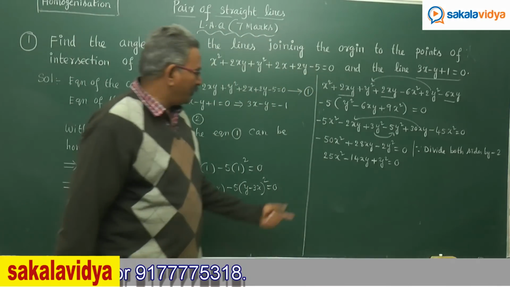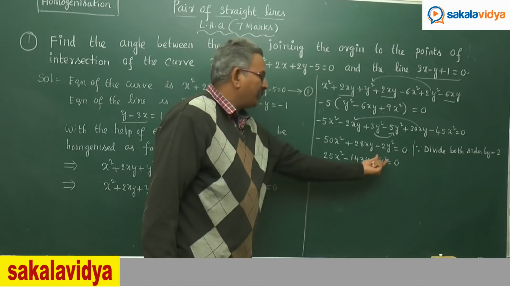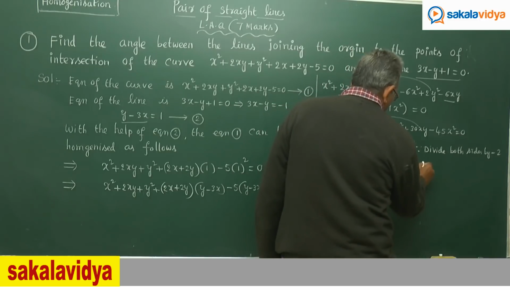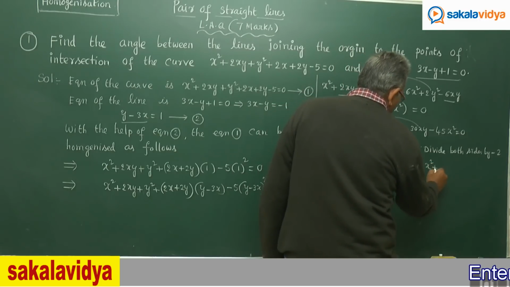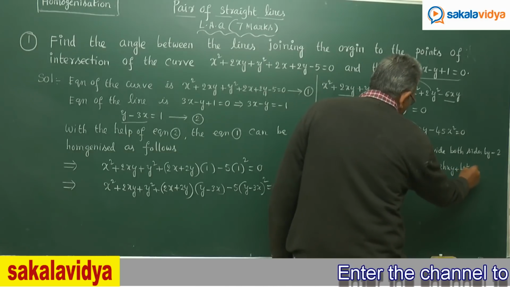It appears to be in the form of ax square plus 2hxy plus by square is equal to 0. So that means it is in the form of ax square plus 2hxy plus by square is equal to 0.